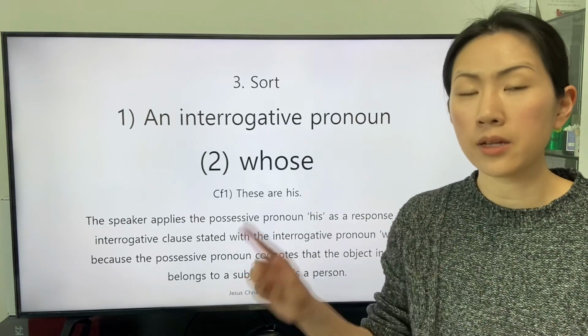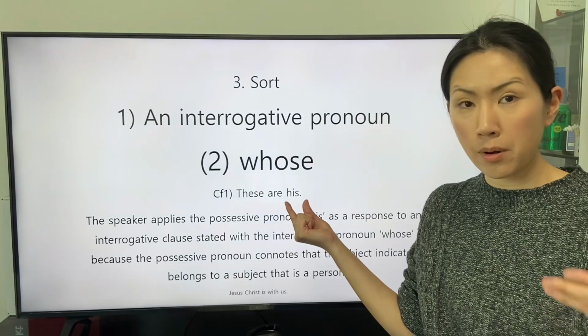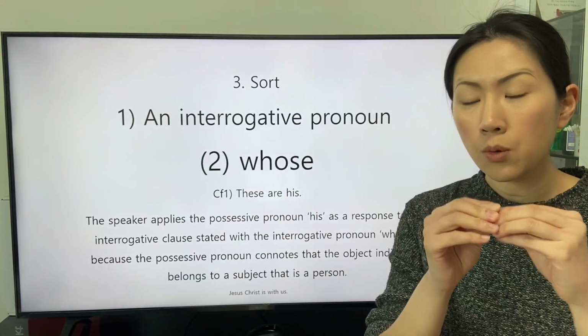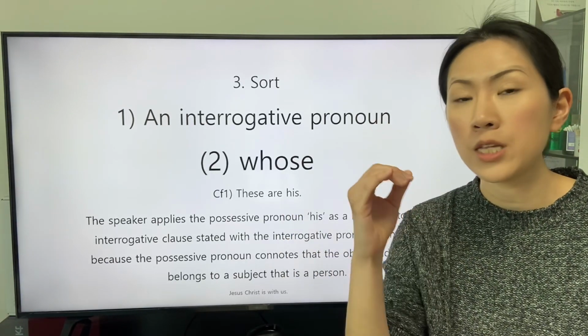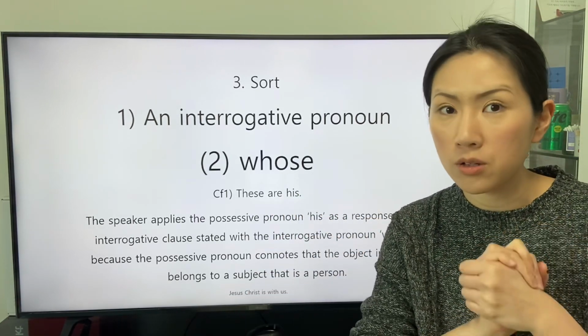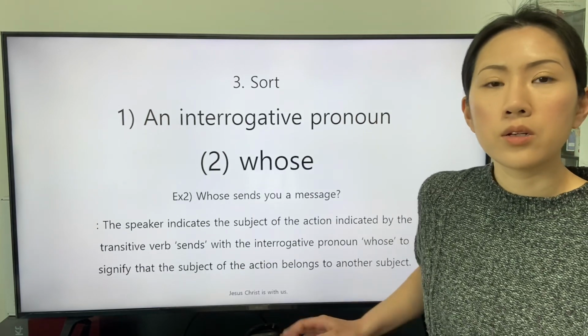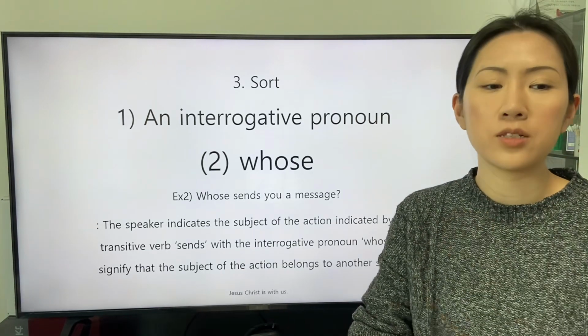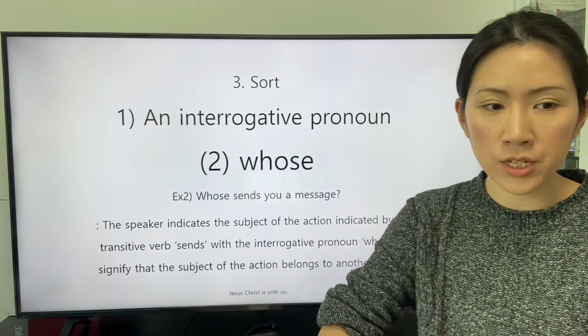So we can understand that the possessive pronoun his corresponds to the interrogative pronoun whose in the interrogative clause. The second clause is this: whose sends you a message.